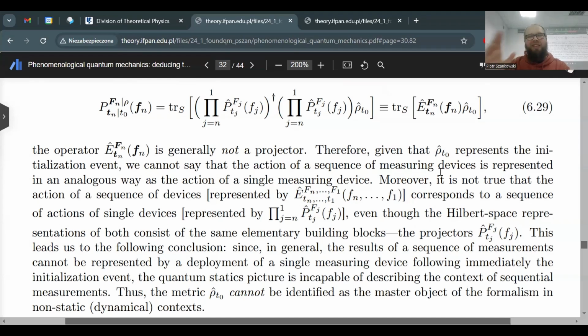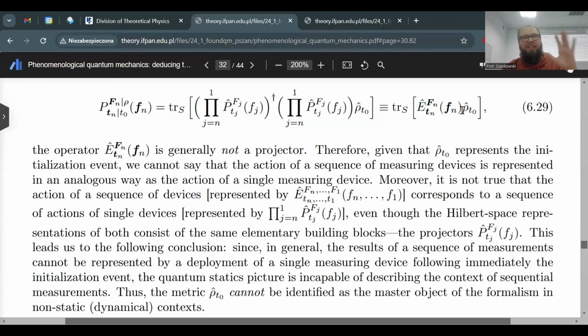I want to say here that this guy cannot be absorbed into a measurement as we understand it, according to what we deduced. This is not a K device or F device or any other device we consider. Look, this is a probability.